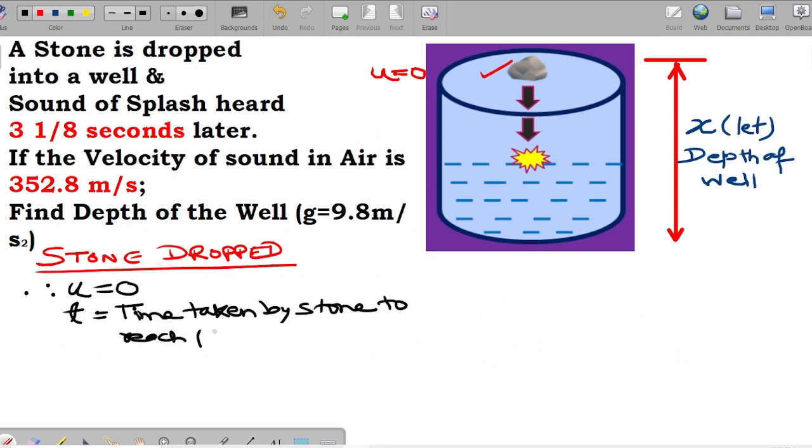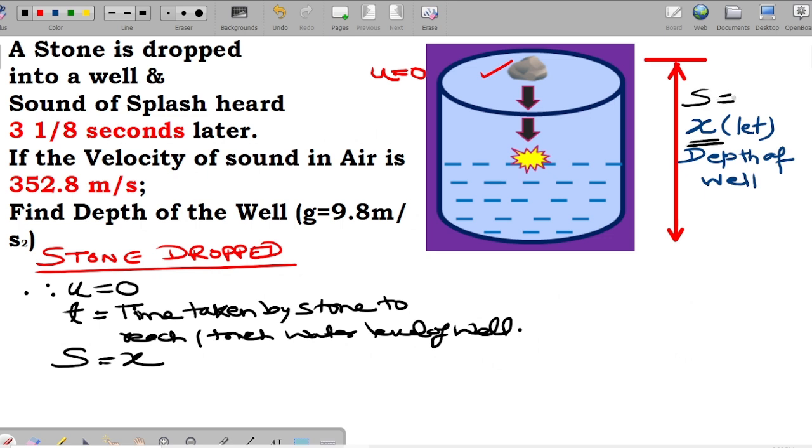So in the first part of the journey of the stone, the initial velocity is equal to 0, and let us assume t as the time taken by the stone to reach the water level, right? So one part of the journey is done by the stone and the other part by the sound, right?